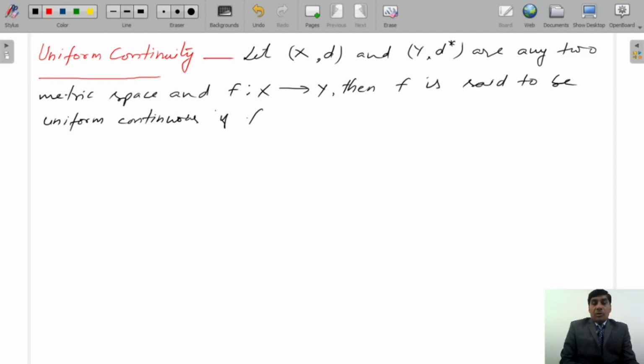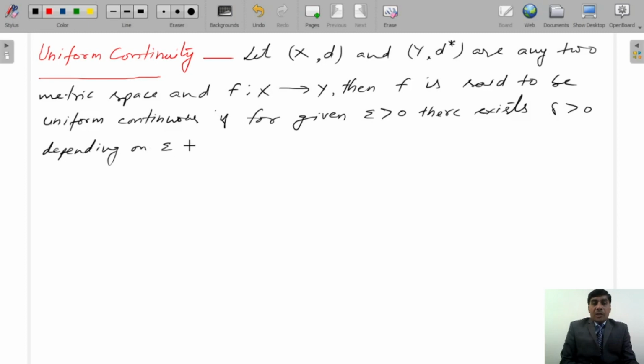if for given epsilon greater than 0 there exists delta greater than 0, depending on epsilon alone, such that distance between x1, x2 is less than delta.